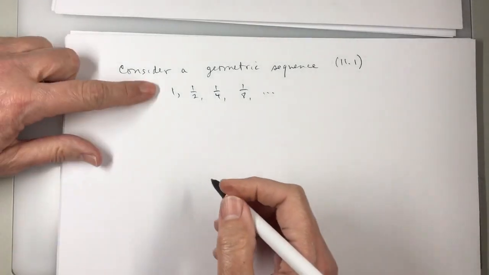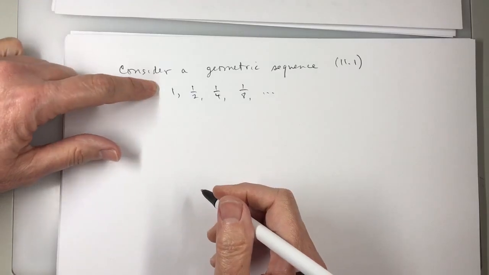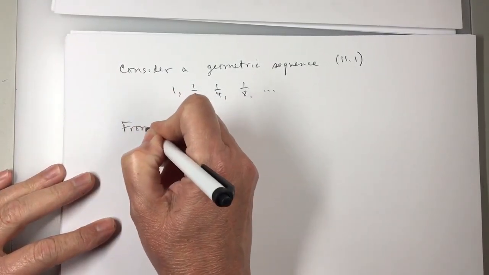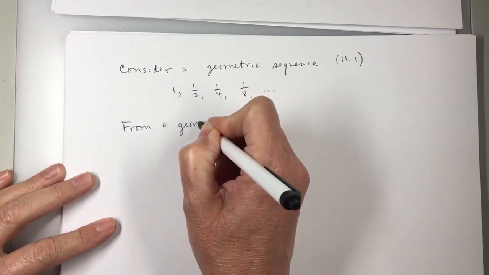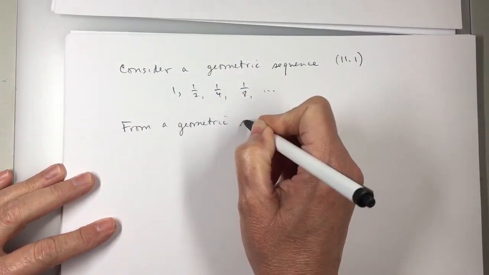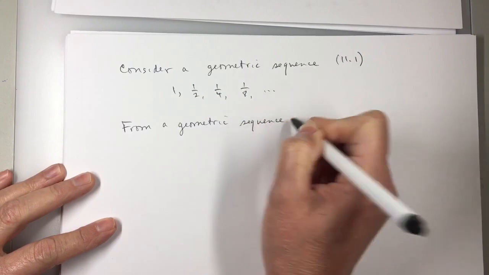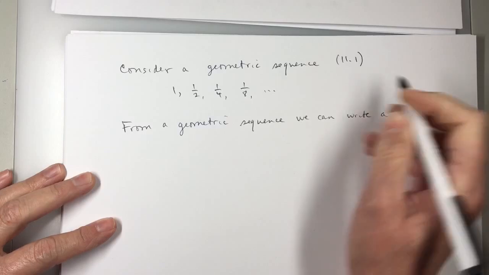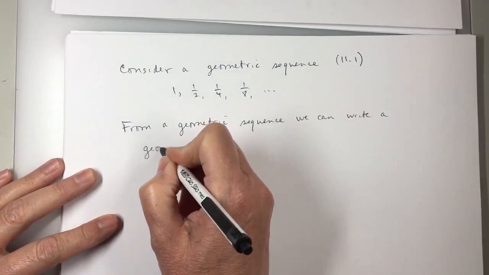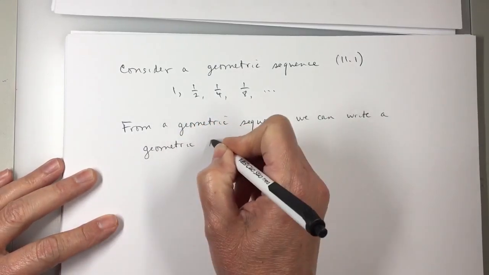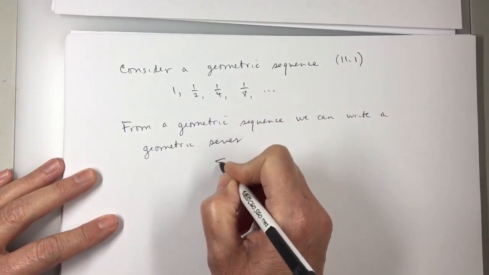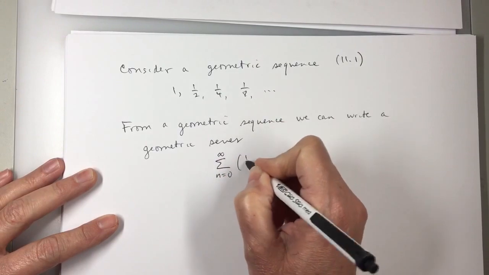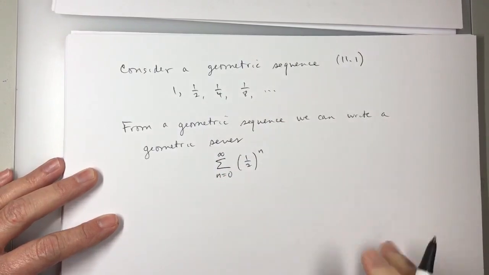And from this geometric sequence, I can get a geometric series. So, from a geometric sequence, we can write a geometric series, like the sum as n goes from 0 to infinity of 1/2 to the n.